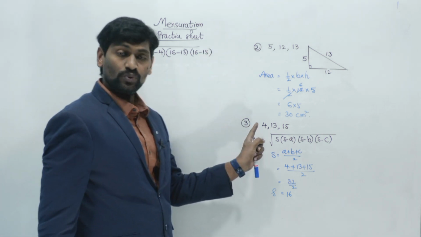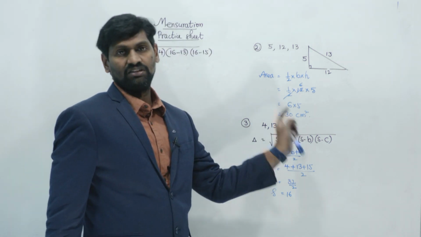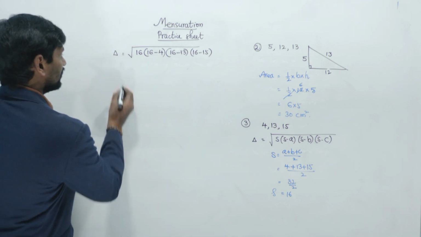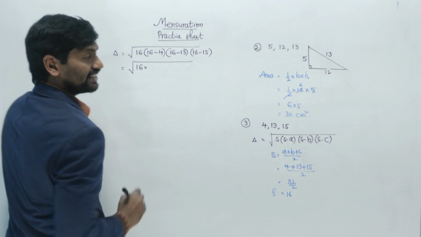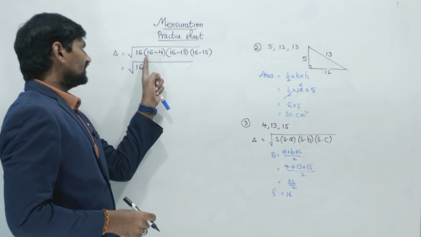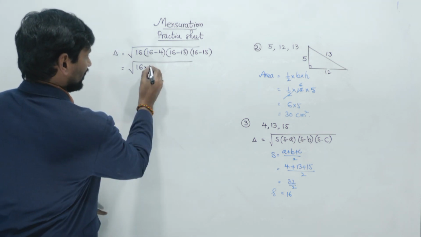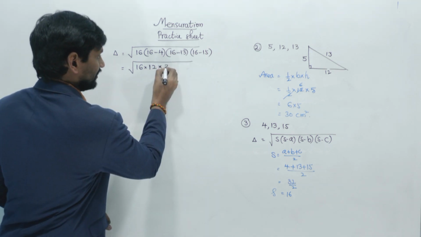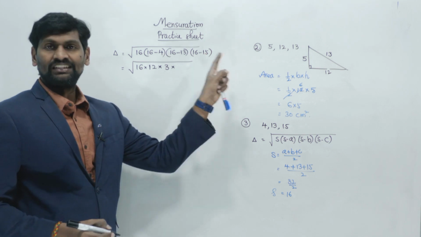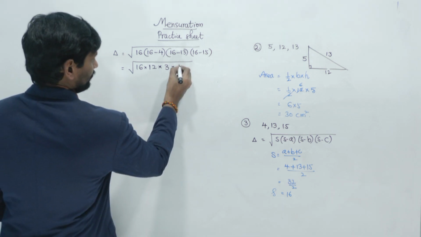Because I have taken the first one a, second one b and third one c. That equals root over 16 into, bracket indicates multiplication, 16 minus 4 is 12, 16 minus 13 is 3 and 16 minus 15 is 1.